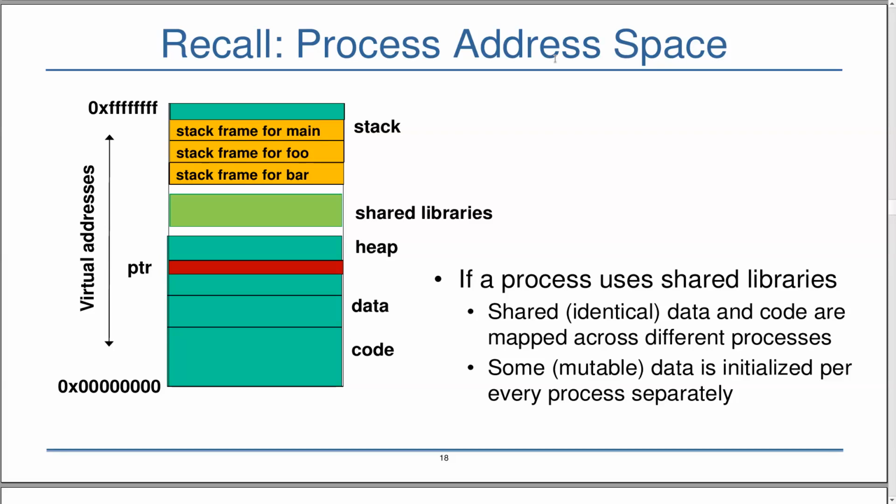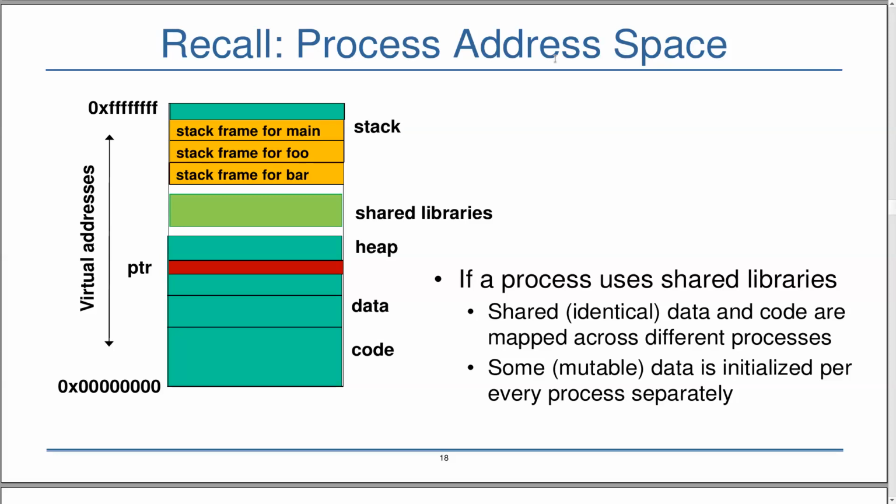Unless it's read-only data, such as strings, some messages that your library contains, like whatever you put as const char star. Typically they will put it in read-only memory. Code is also read-only memory, so this is not something that a program will modify. Those parts you can actually share across different processes and different programs.